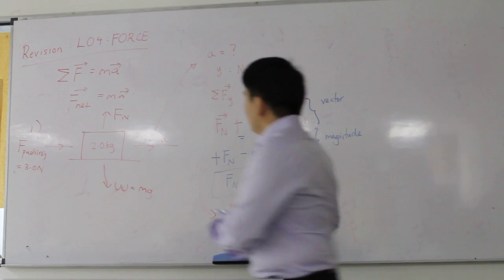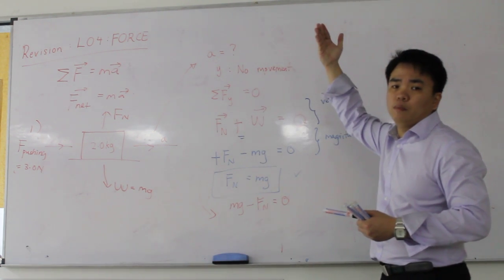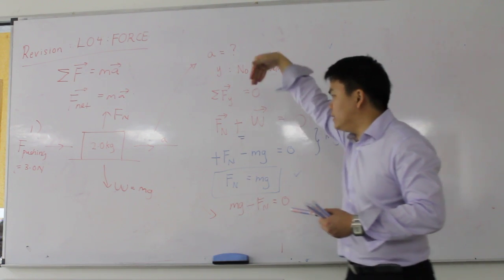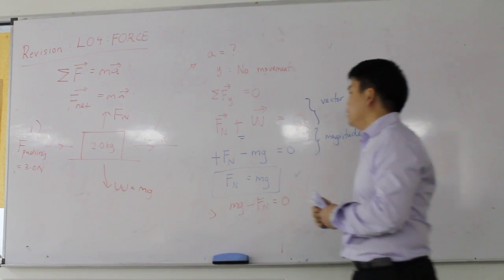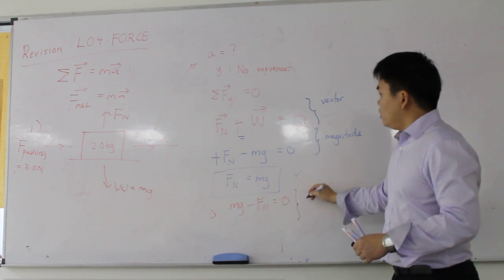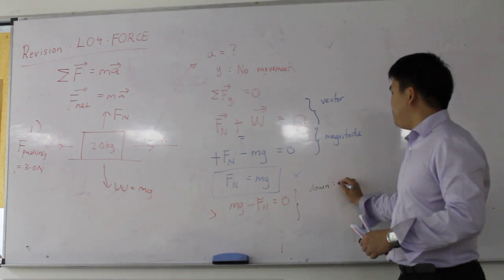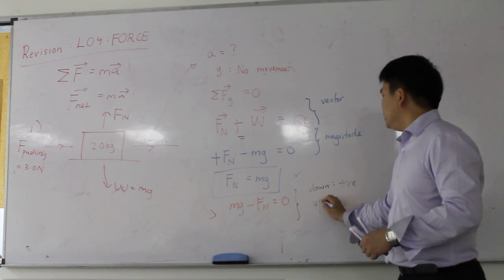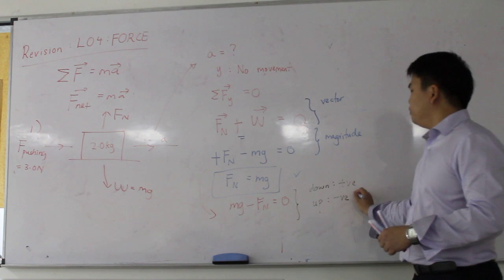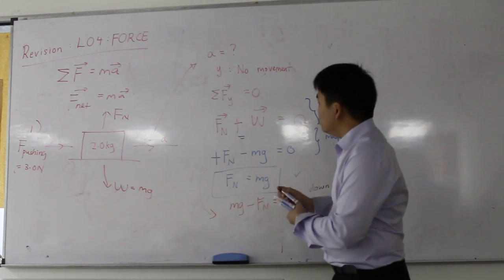In general for the vector, if it's moving upward, then we put positive. If it's moving downward, which means the direction is downward, then we put negative. Whereas in this case, we choose that downward is positive and upward is negative. Anyway, that one is not so useful.